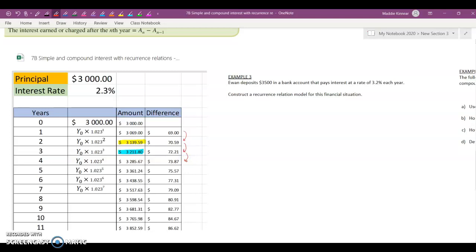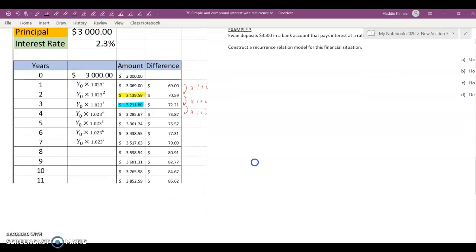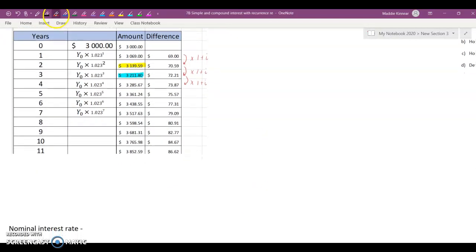So to figure out what that value is going to be, we have to figure out, well, what is happening from term to term? Well, from term to term, what we're doing is we are actually multiplying by 1 plus our interest rate every time. And that means that we are multiplying by 1.023 in this instance every time from term to term. So if we were to write a rule for this, our general form, we can see that our A0 is still going to be our principal.